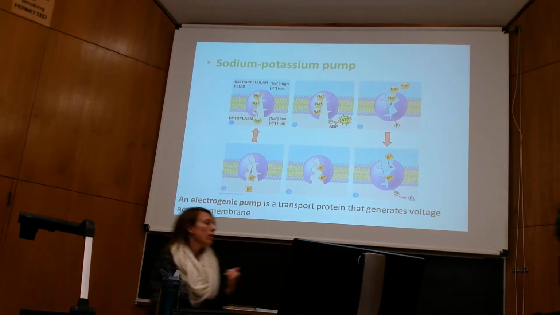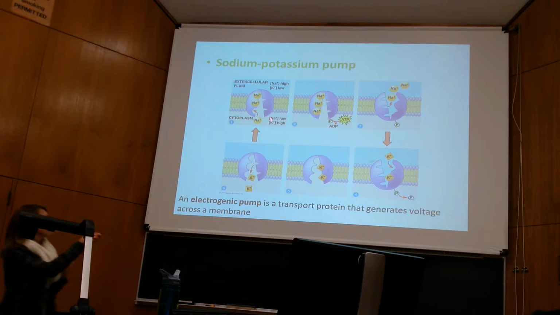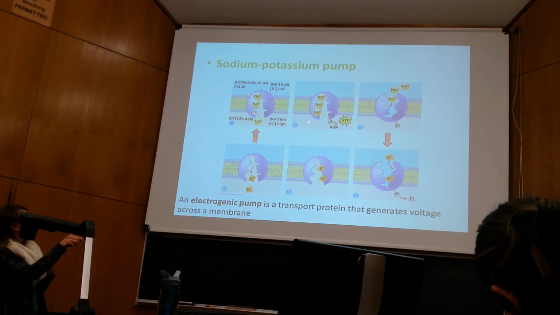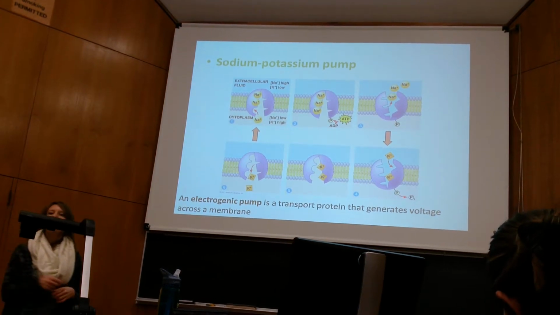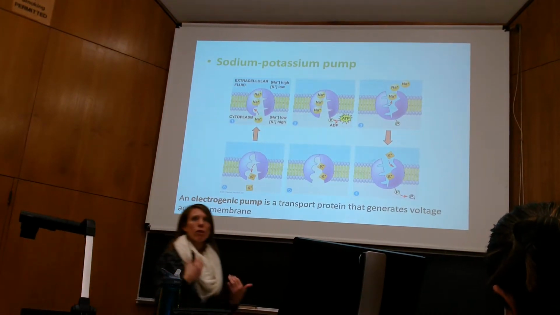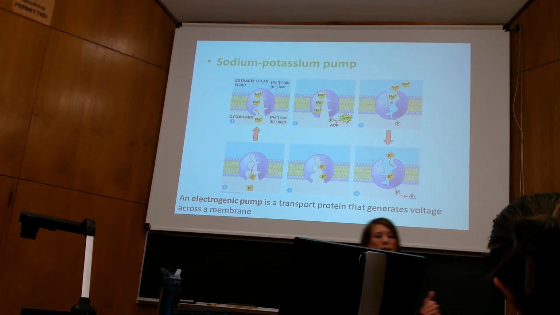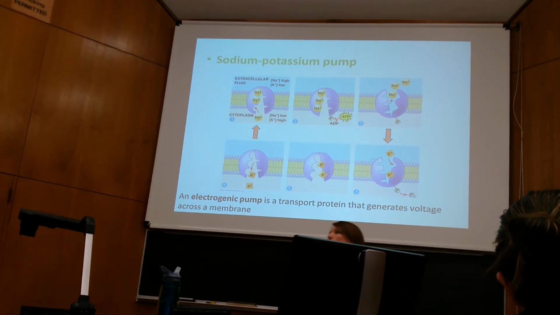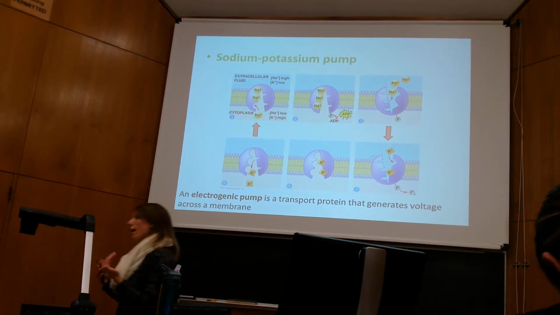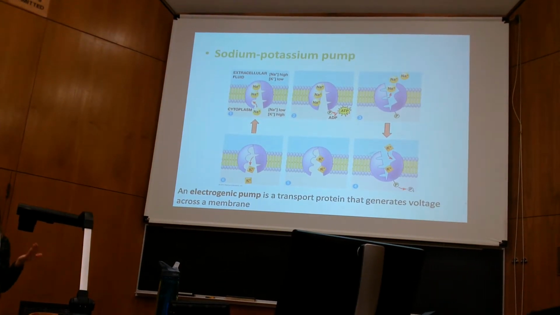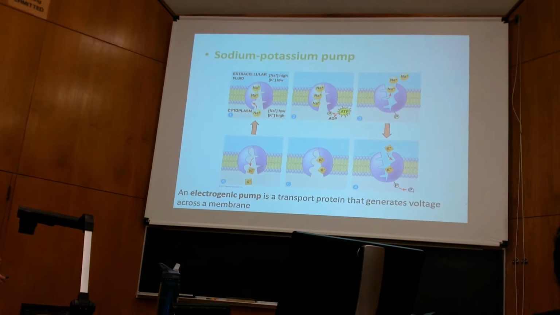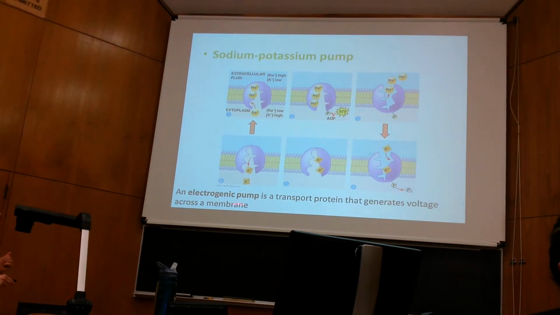So again, you see it's taking three sodium from inside the cell, pumping them out, and only taking two back in. So this is a net charge of -1 for the interior of the cell. Any type of ion pump that contributes to the maintenance of the membrane potential is called an electrogenic pump.